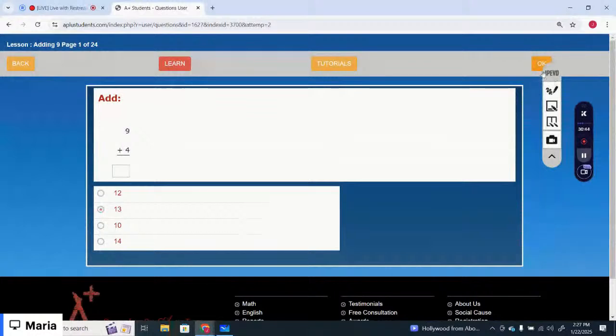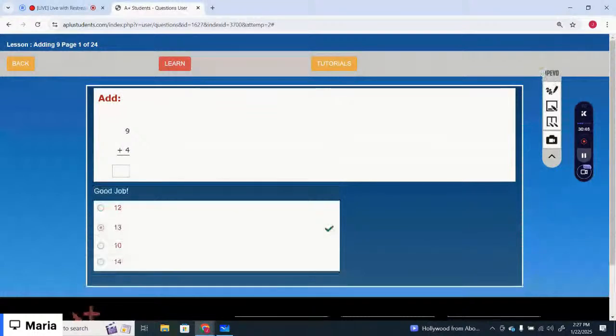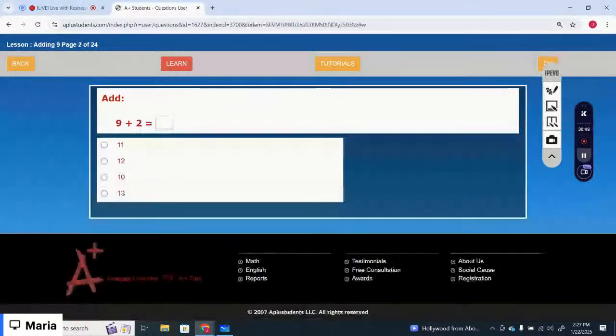Option number 2 is the correct option. 9 plus 2 makes 11. Option number 1 is the correct option. That is 11.